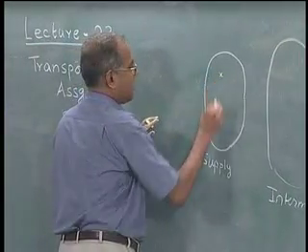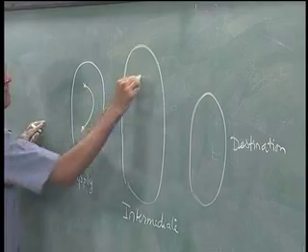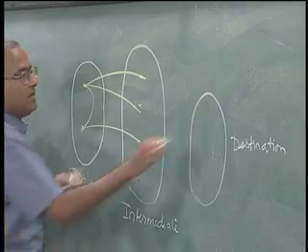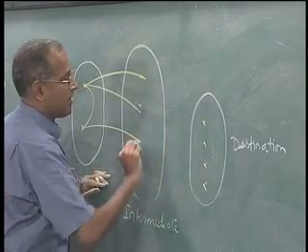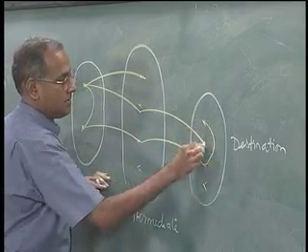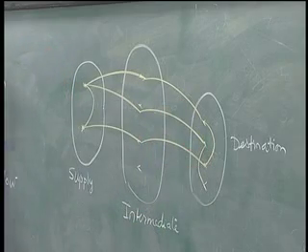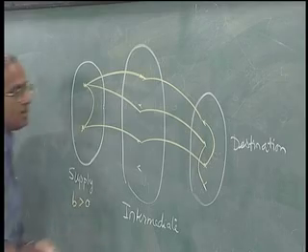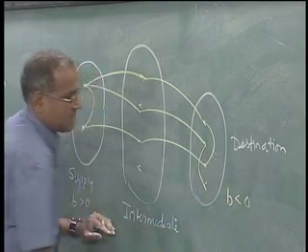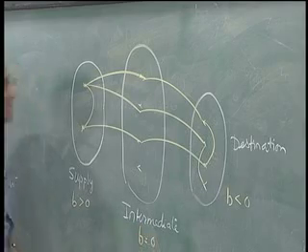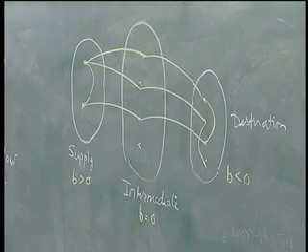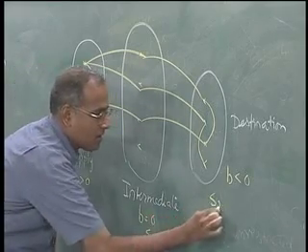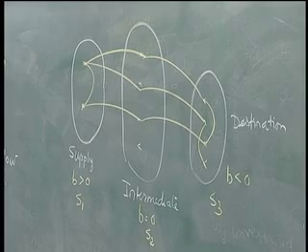So, I can have connectivity among the supply nodes, I can have connectivity here, and I may have connectivity here, and so on. Now, all these will have supplies, so B greater than 0, all these are requirements B less than 0, all these are intermediates with B equal to 0. We call this set S1, this set S2, this set S3.